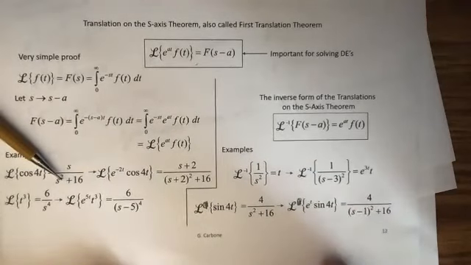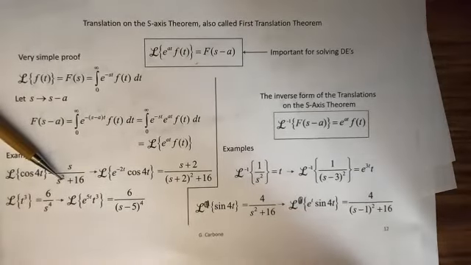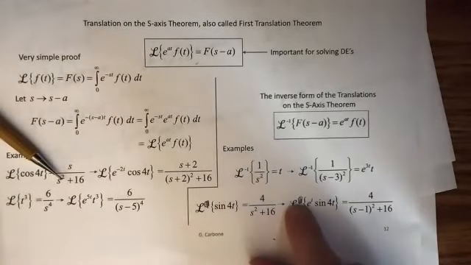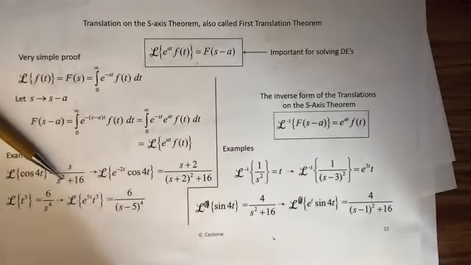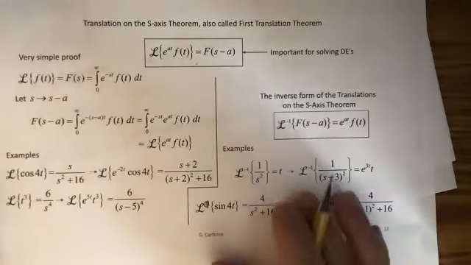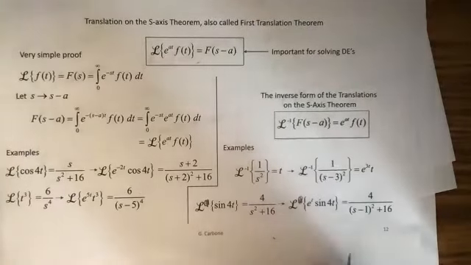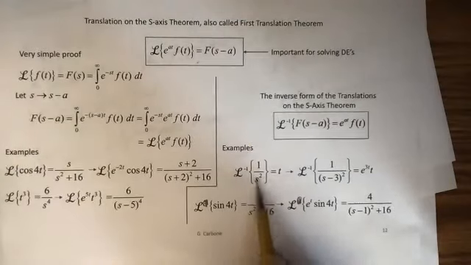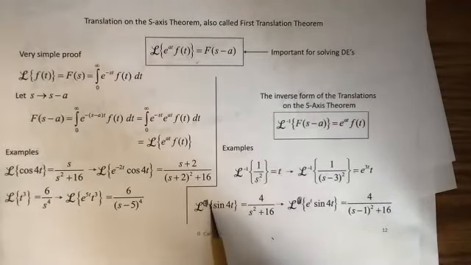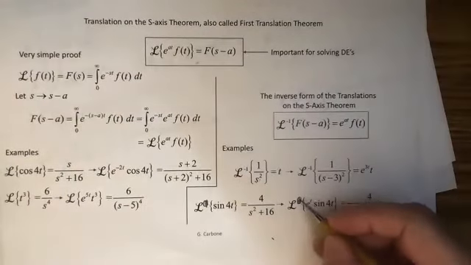I don't know why I got the minus ones there. There's no minus ones. Here we're taking the inverse. You get the inverse of t, but there should be no minus one here.